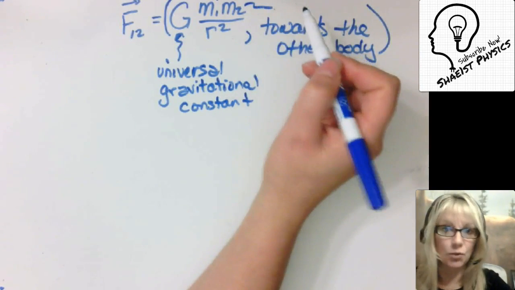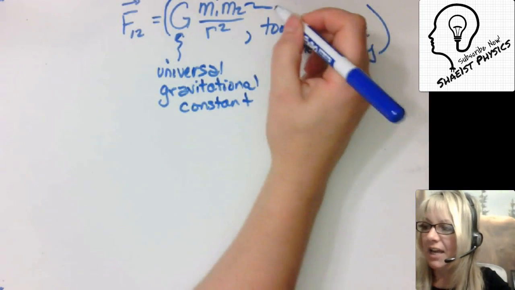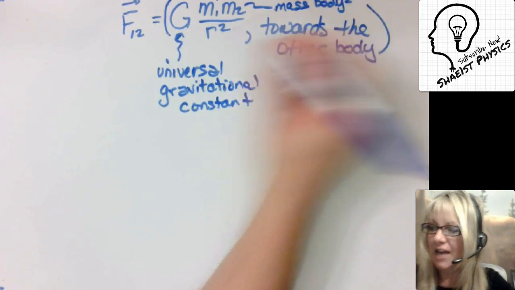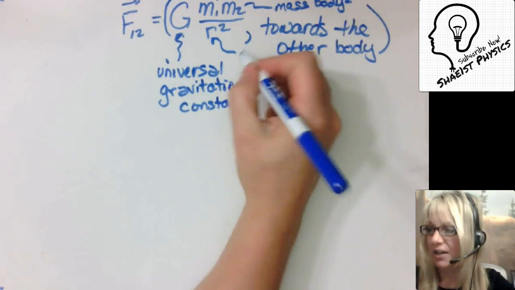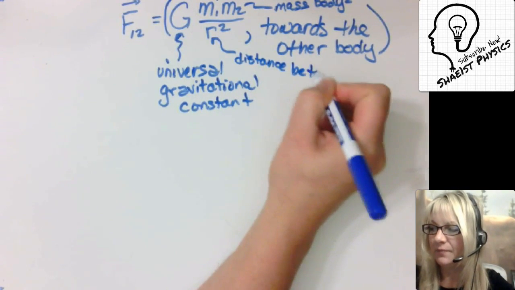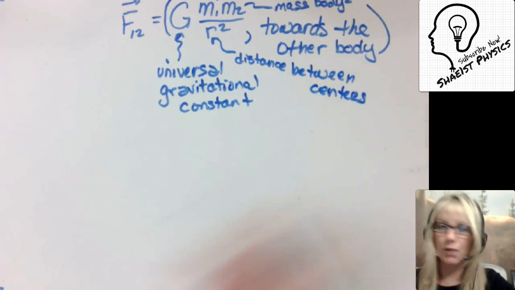You could say object 1. We're usually talking about planets, things that are really massive. And the mass of body 2. And then r represents the distance between their centers. Distance between centers, just to give you an idea of what this equation means.